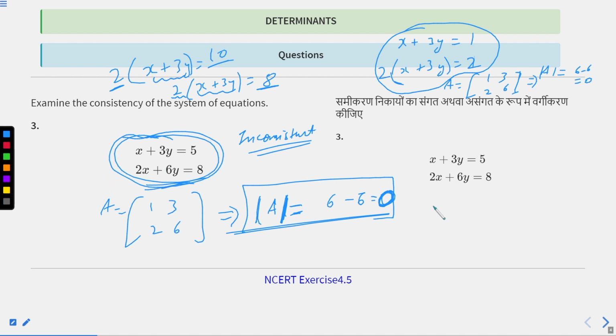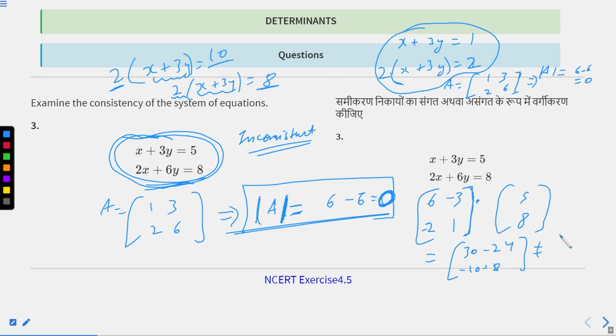So for the earlier system, if you try to compute adjoint of A multiplied by B, B is nothing but 5, 8. Adjoint of A is nothing but 6, minus 3, minus 2, 1. Then multiply: you will have 30 minus 24 and minus 10 plus 8.